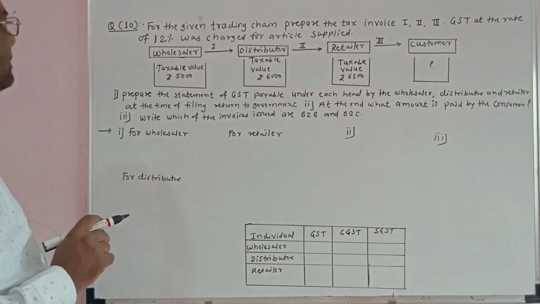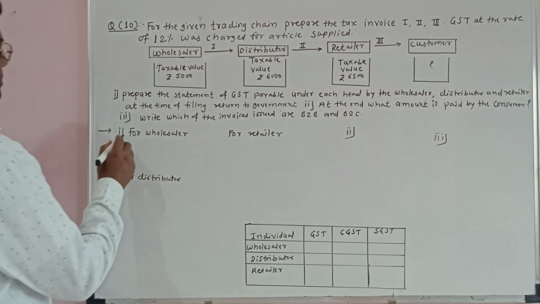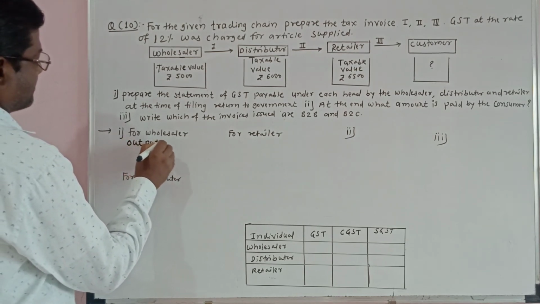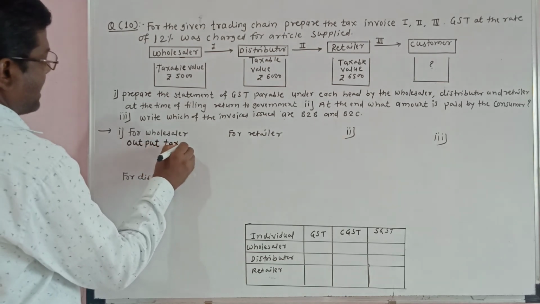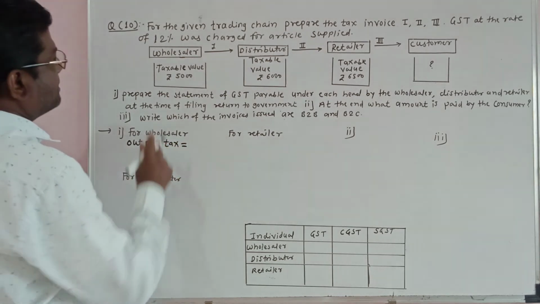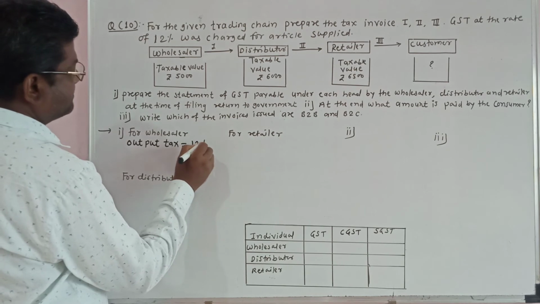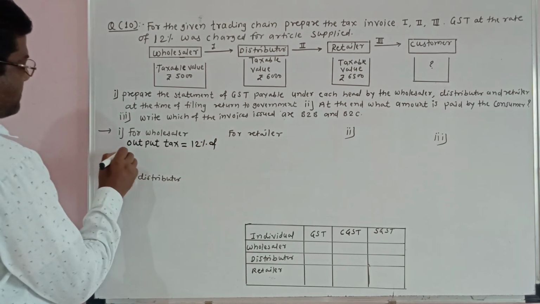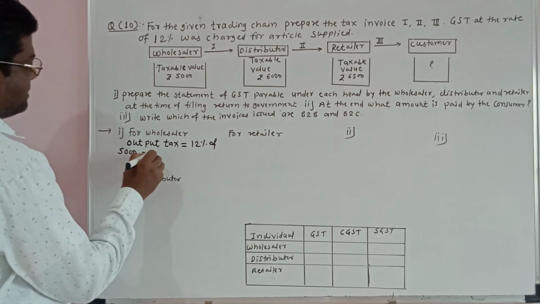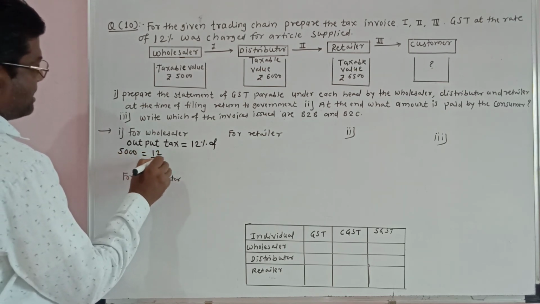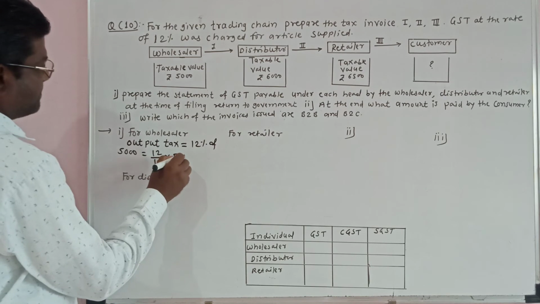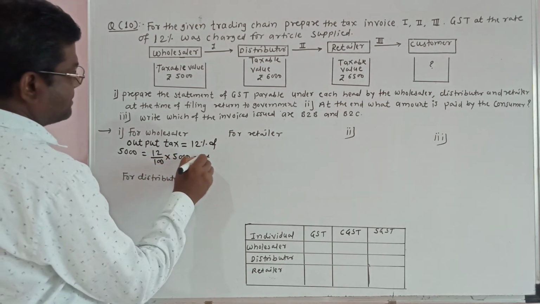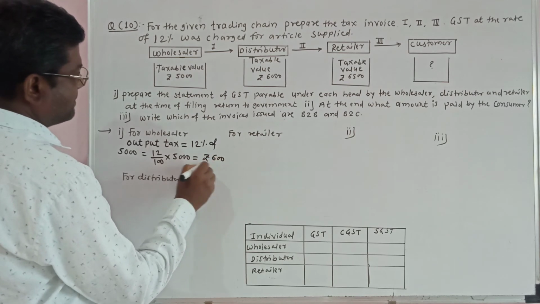Now for the wholesaler, output tax is equal to 12% of 5,000, which is 12 upon 100 into 5,000. So it will be rupees 600.